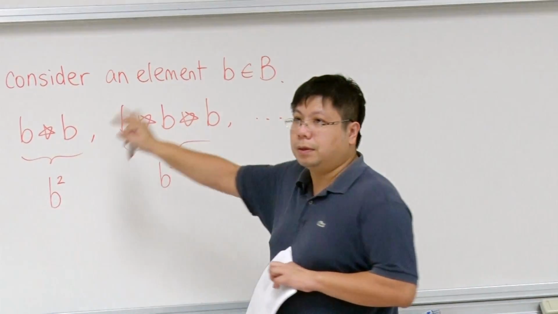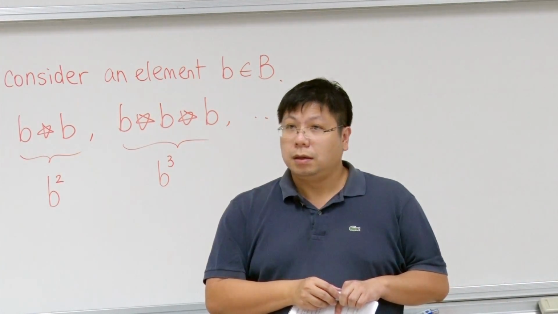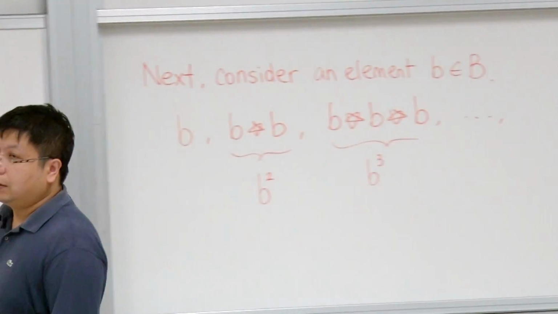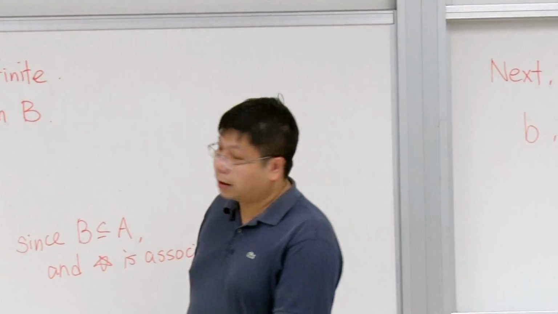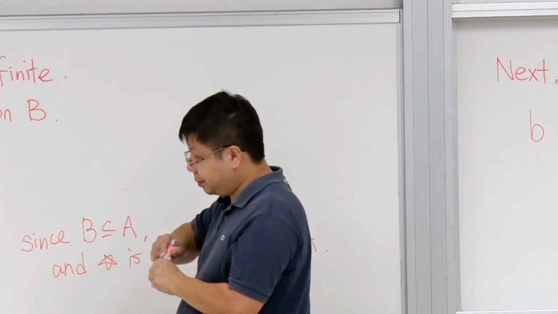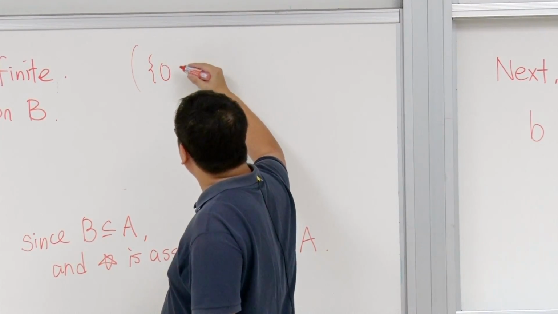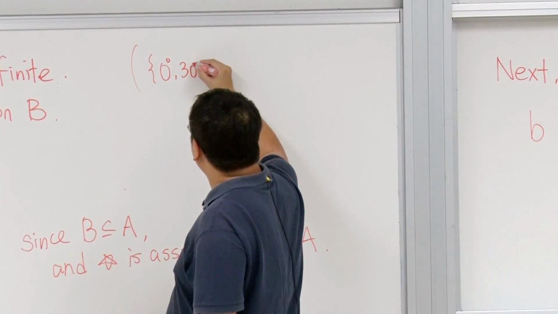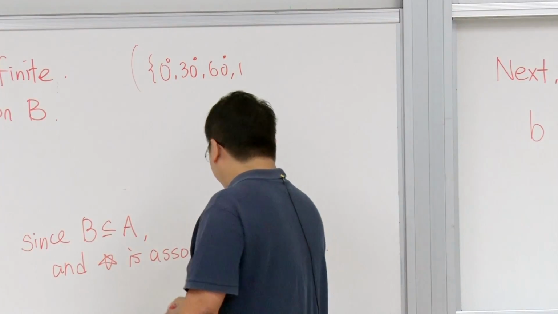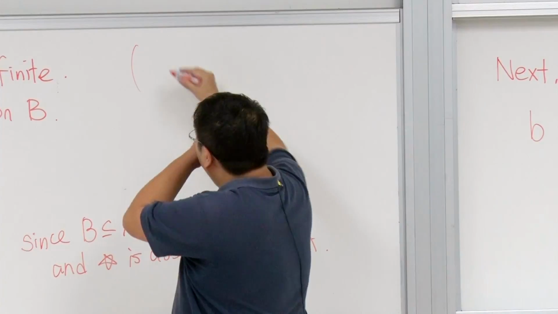two of the items must correspond to the same item in B. Let's take a look at a finite example.